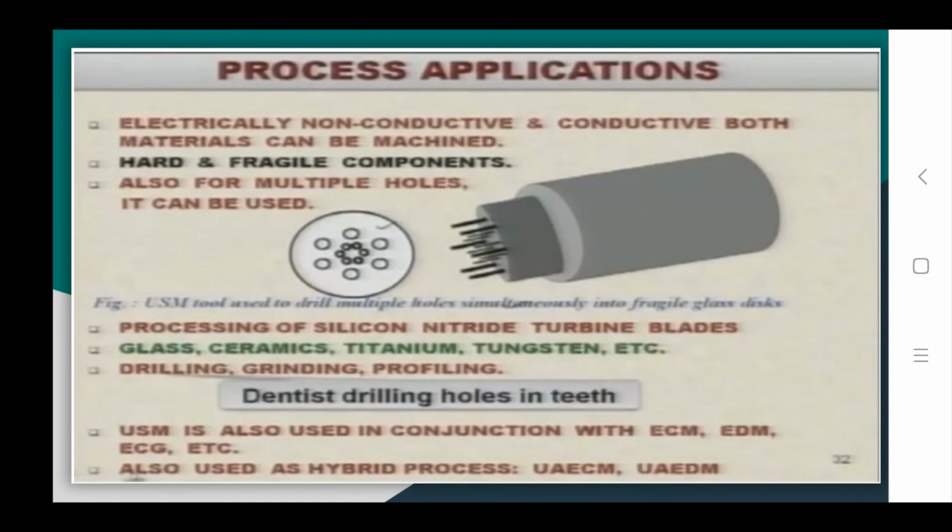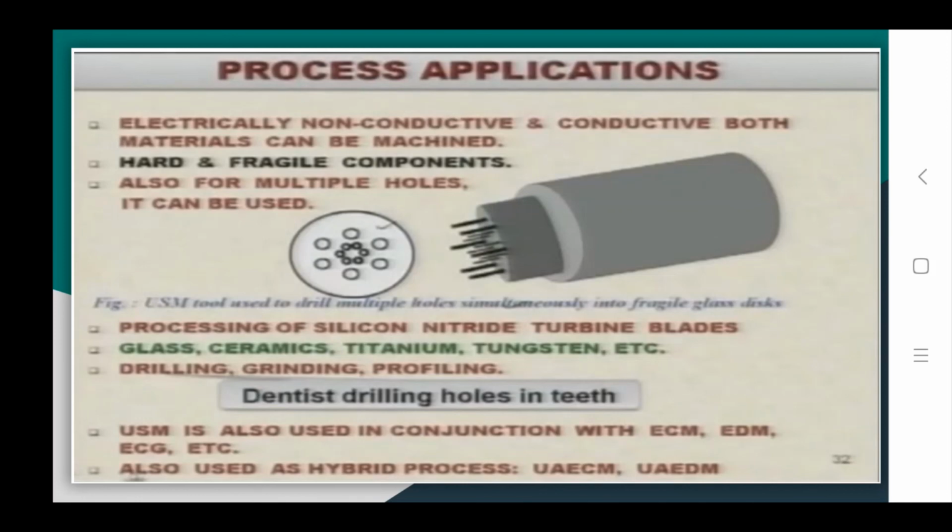And this USM process is also used with ECM, that is electrochemical machining, and we call it the ultrasonic assisted ECM process.